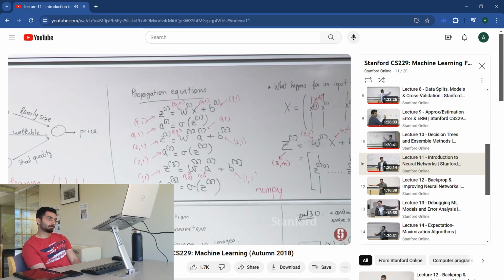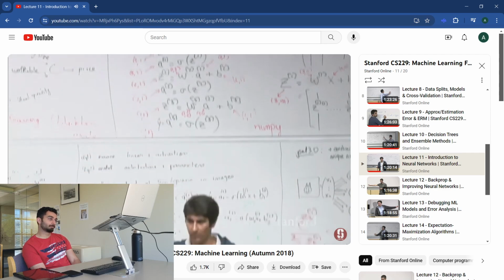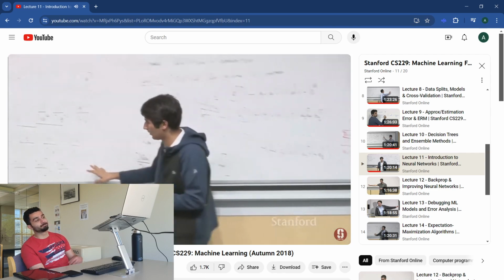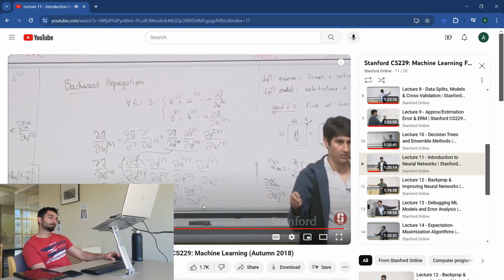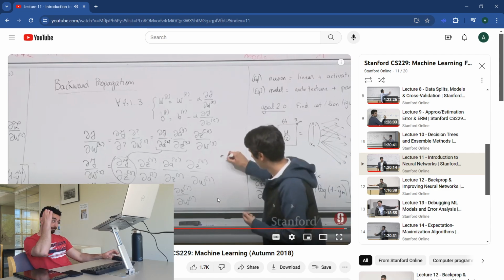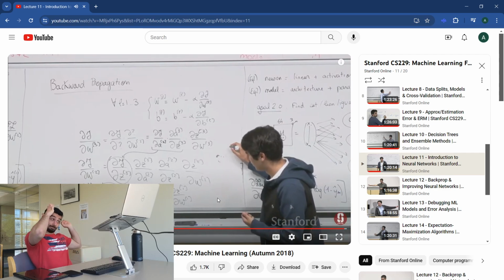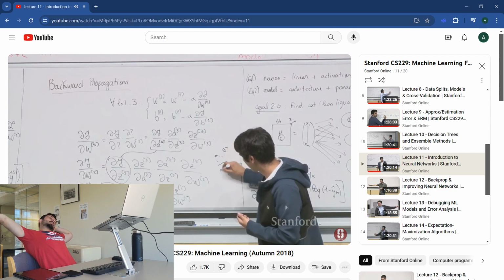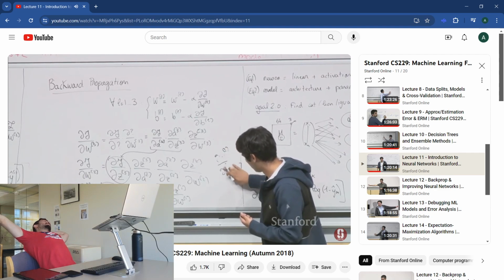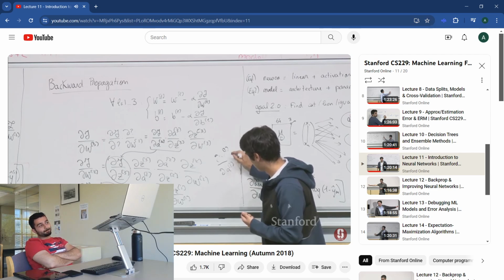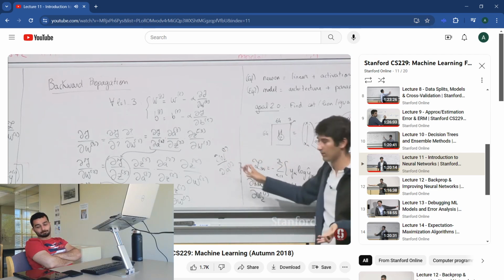So you want to choose the path you're going through in the proper way so that there's no cancellation in these derivatives. You cannot compute the derivative of W2 with respect to A1.